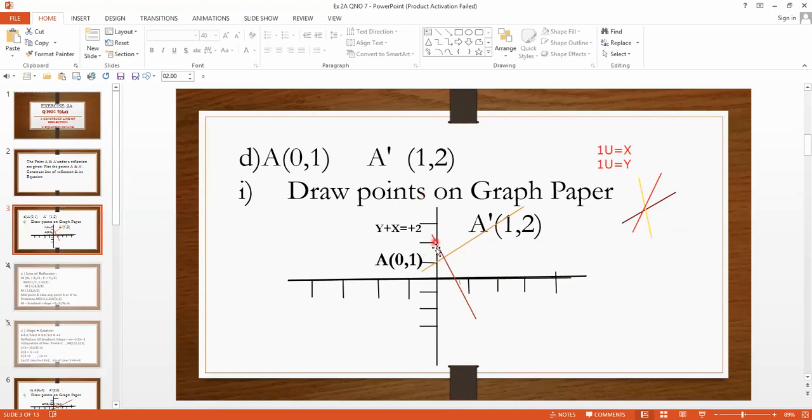This shows C as +2. On the y-axis, I take this 2. This shows C. And then I take the midpoint. The midpoint is 0.5 and 1.5. Look here. This one is 0.5 and this one is 1.5. And both of these two lines cut each other at the midpoint of the initial graph. Look here, at this point.